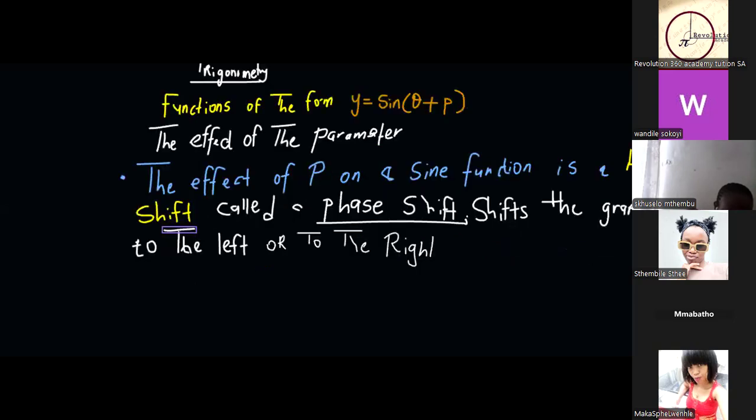Number one, for P greater than 0, or P is bigger than 0, the graph of a sine function shifts to the left by P units.